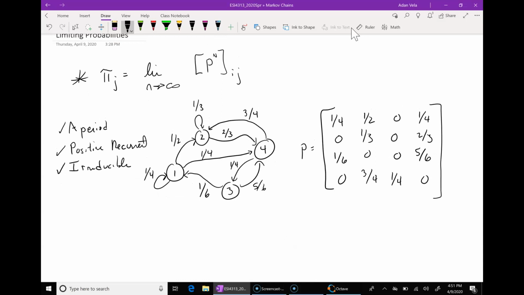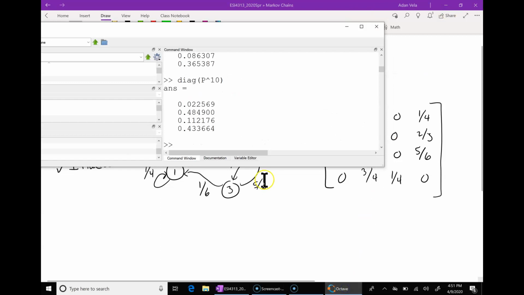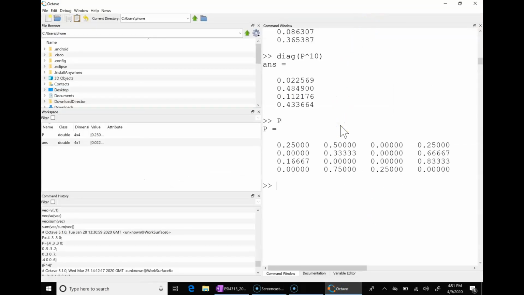Okay, so how do we actually perform this operation? Well, it's pretty easy. Let's look at this P matrix in Octave.